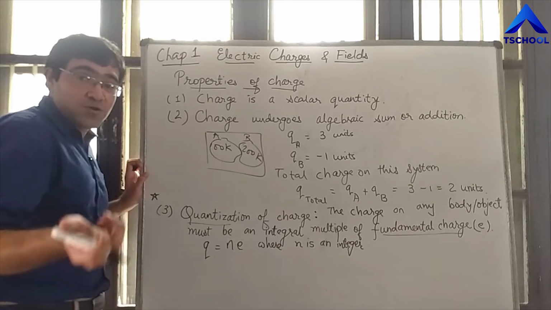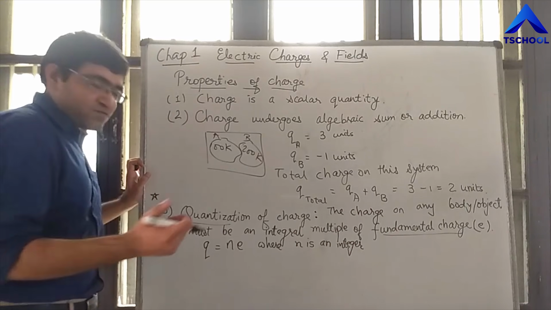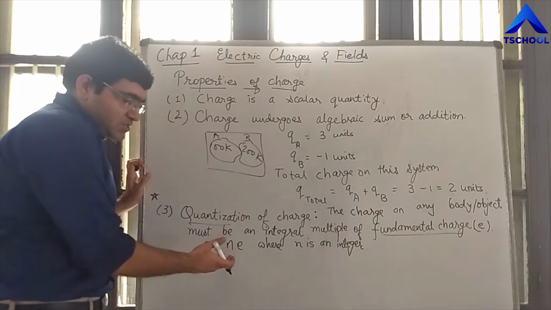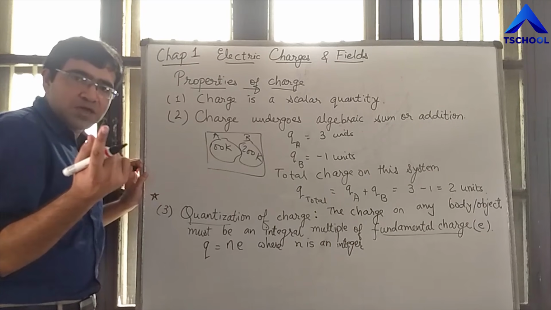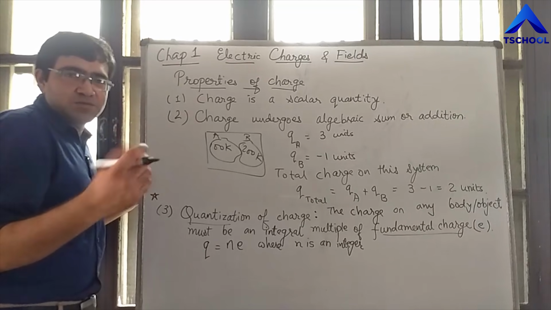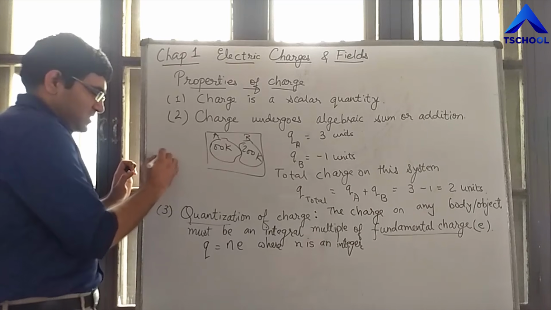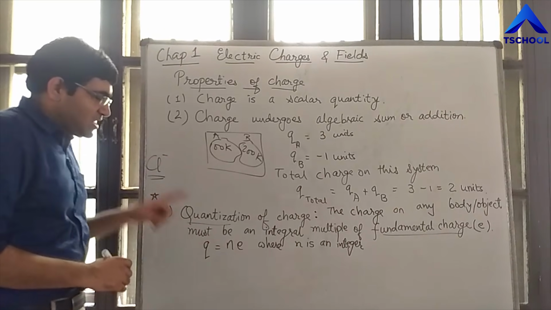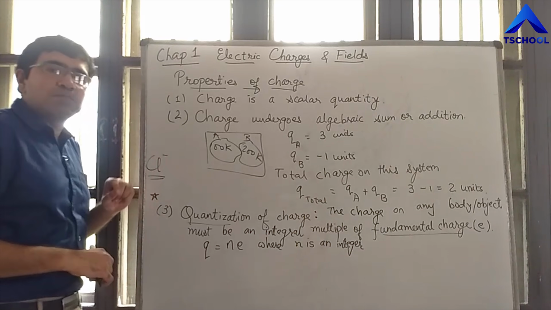So n can be any integer. It can be 0, it can also be negative. In fact, for a proton, this n is going to be 1. But for, let's say, a chloride ion, Cl minus, the value of n is going to be minus 1.